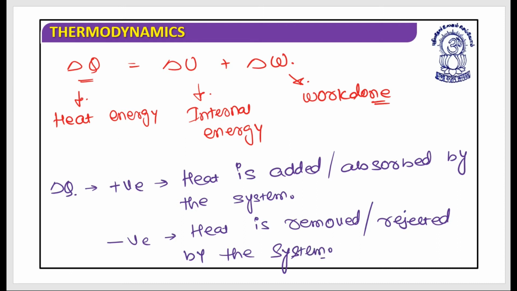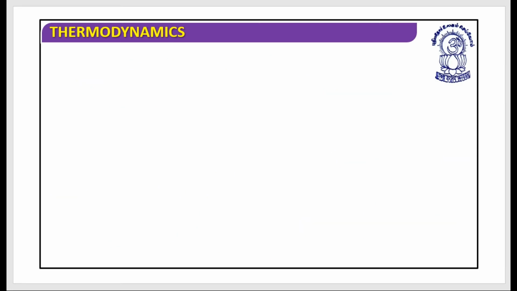Is it clear? So if heat is being added to the system, I take delta Q as positive. If heat is removed from the system, then delta Q is considered negative. Now next is delta U, which is what we call the internal energy.